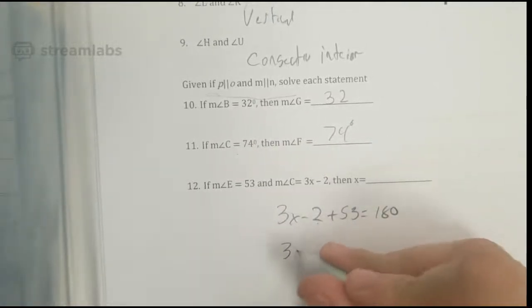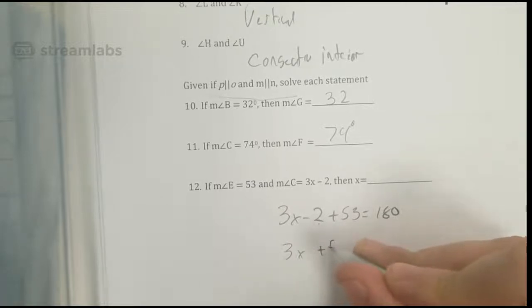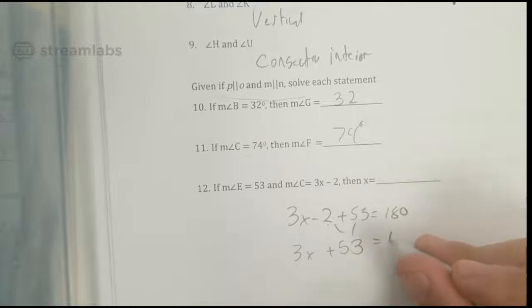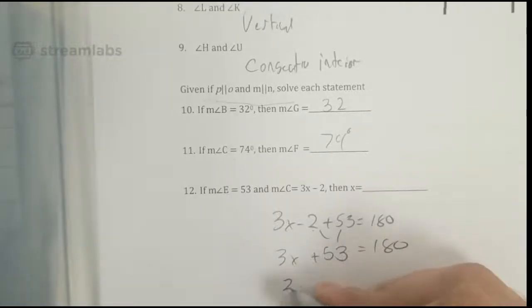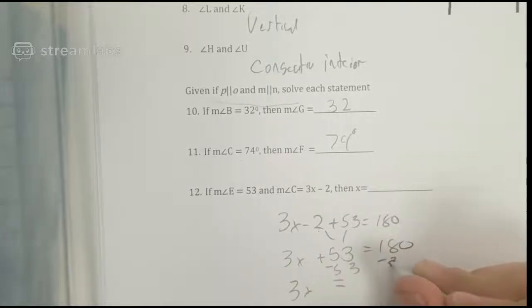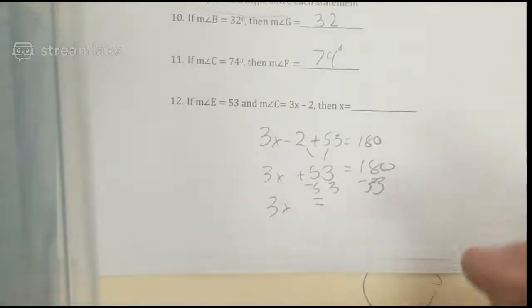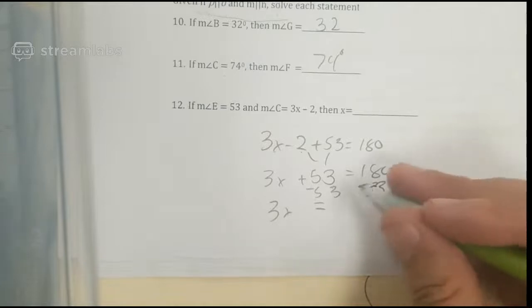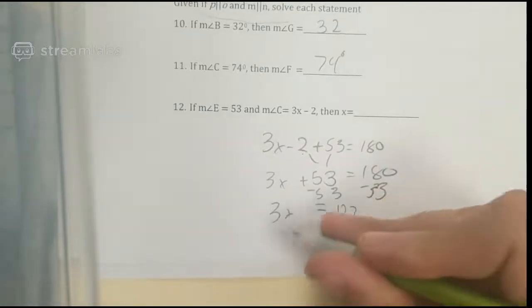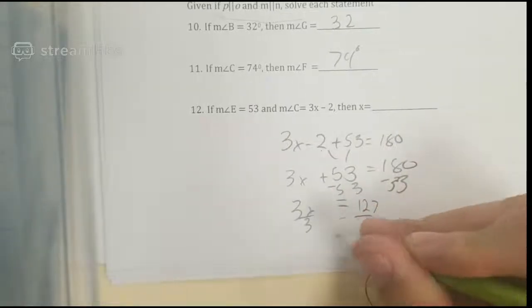Combine like terms: 3x plus 51 equals 180. 3x equals, subtract 51 on both sides, 129, divided by 3 on both sides.